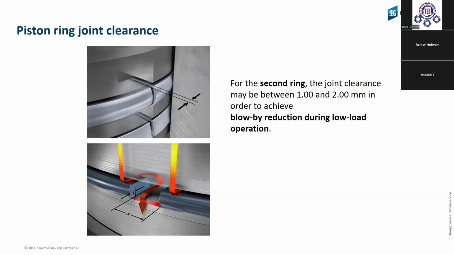And then it goes inside exactly on this area of the second ring, in this piston ring joint clearance. And when this window is bigger, the pressure can go quicker behind the second ring and can press the ring quicker with the high pressure to the surface. And we can seal perfectly, and also the pressure can be dropped out again when the clearance is a little bit bigger. And also there is blow-by reduction during low load operation.